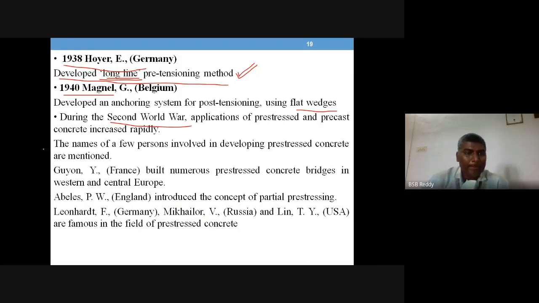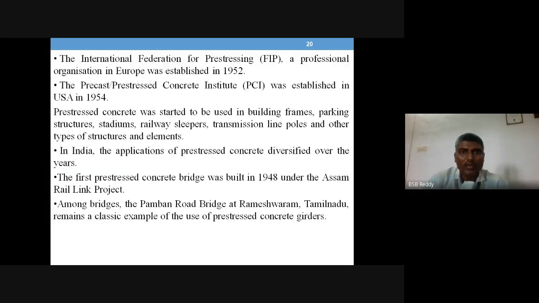Okay. And later on, still some more people like Guyon and Abeles, Leonhardt, okay, Lin and Burns. So all these are the famous names in the field of prestressed concrete. But later on, the Prestressed Concrete Institute came up in 1954.